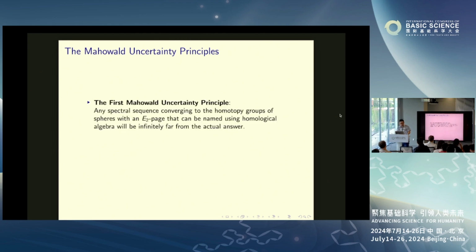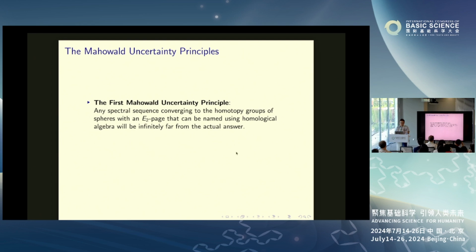The first Mahowald uncertainty principle states that any spectral sequence converging to the homotopy groups of spheres with an E2 page that you can name using homological algebra, the previous two are such spectral sequences, will be infinitely far from the actual answer. So this principle essentially states that this problem of computing stable stems is not a homological algebra problem.